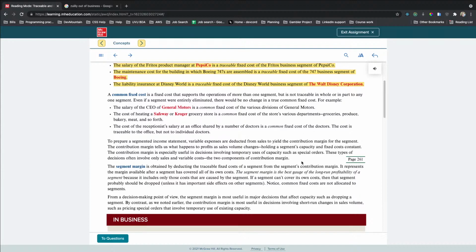Cost of heating of various departments. The cost of the receptionist salary. I like that.